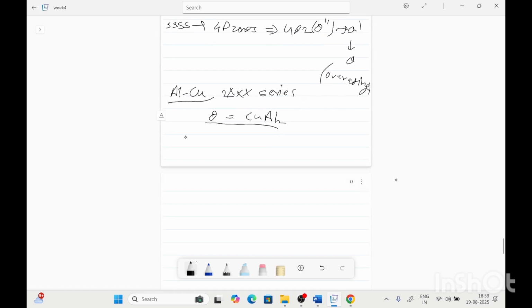First, the GP1 zones are formed. These are just clusters of copper atoms on the 100 plane.